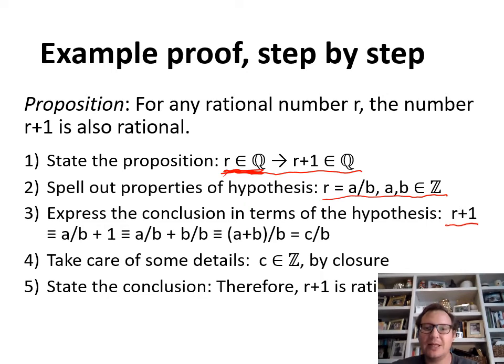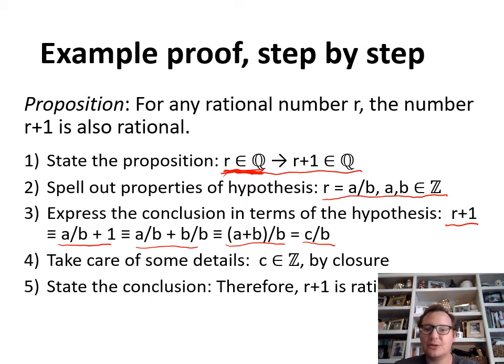So when we plug in the property of the hypothesis, we get that a over b plus 1 is equal to a over b plus b over b, which is equal to (a + b) over b, which is equal to c over b. So we introduce this integer c that is the substitution for a + b.